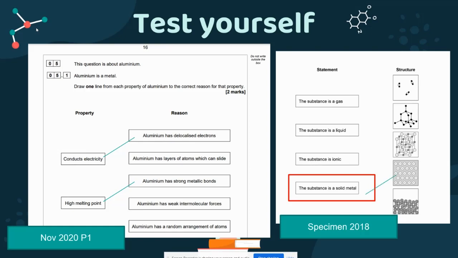Let's have a look at the answer. Hopefully, you guessed the right answer.